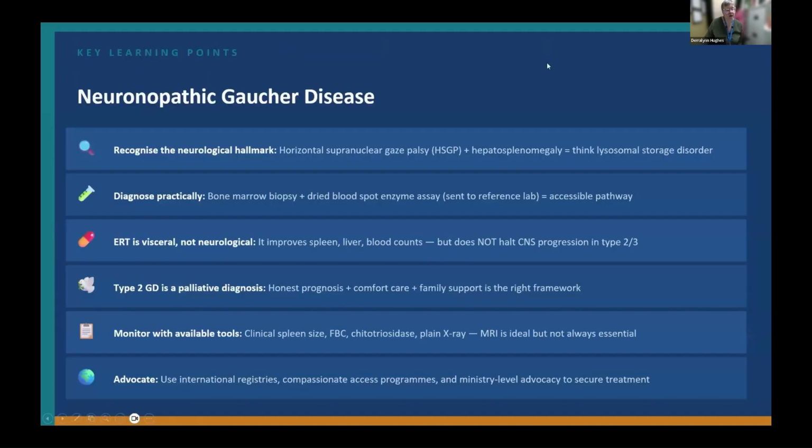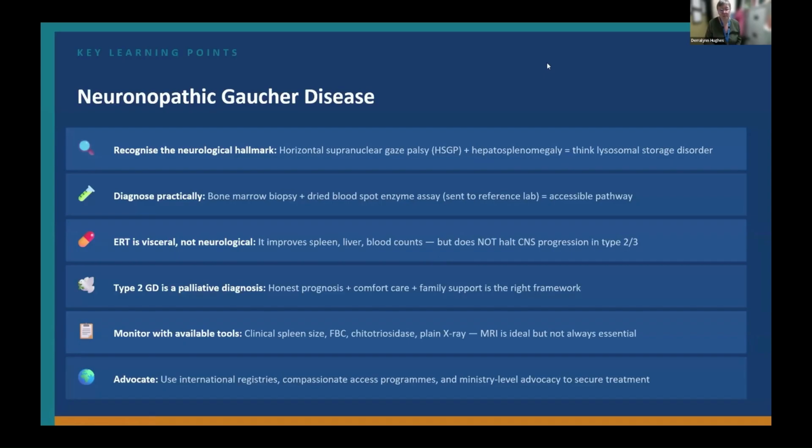So we've been through 3 cases with quite a lot of questions around recognizing the hallmarks in terms of eye movement abnormalities, things about diagnosing practically if we've not got advanced tests or more complex tests for enzyme activity or genetics available, then thinking about how we can use a bone marrow to make that diagnosis.